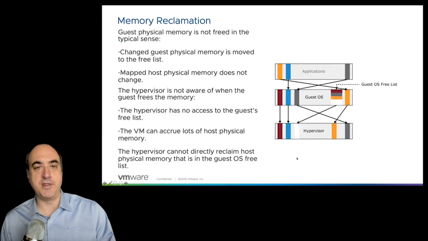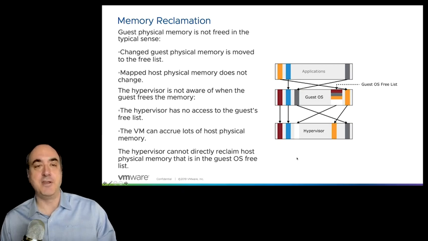But when the application no longer needs a page, it can be moved over to the free list, but the VMkernel never gets informed of this, and the memory-mapped page at the host level basically becomes idle. In fact, it will become what we could call stale. The VM hasn't accessed this page in a long time.